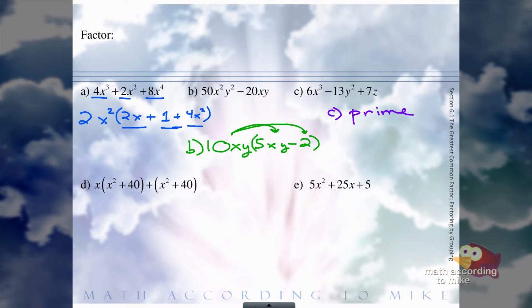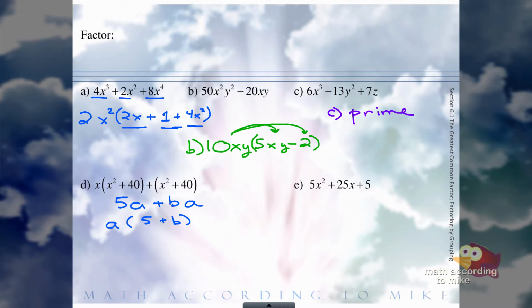In part D, this might look a little crazy. So instead, what if I gave you something like 5a plus, I don't know, ba. So 5 times a plus b times a. Well, these both have an a. So if I pulled out that a, I'd be left with 5 plus b.